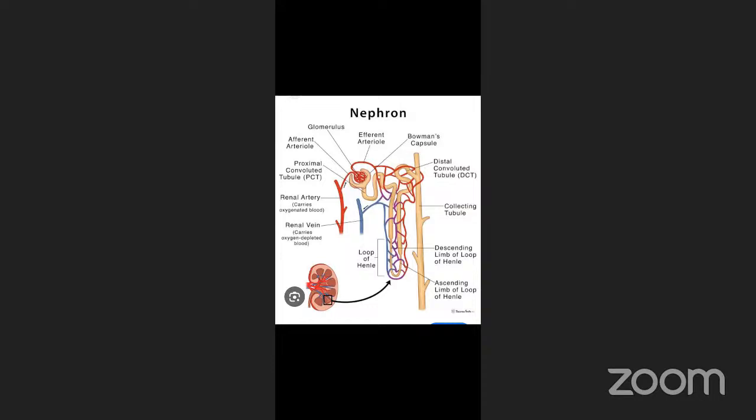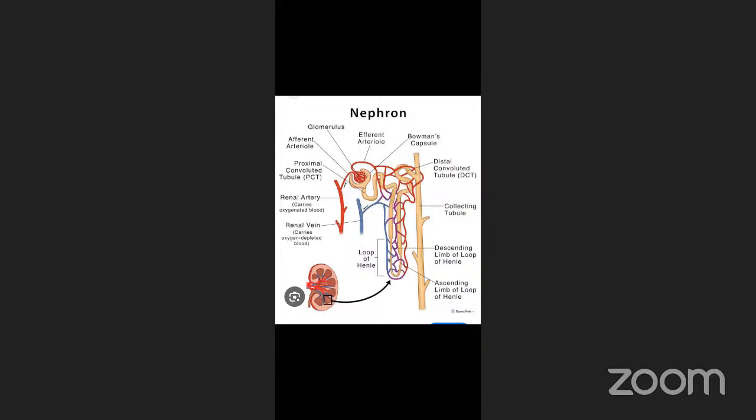So I've said the adaptive features of the proximal convoluted tubule.